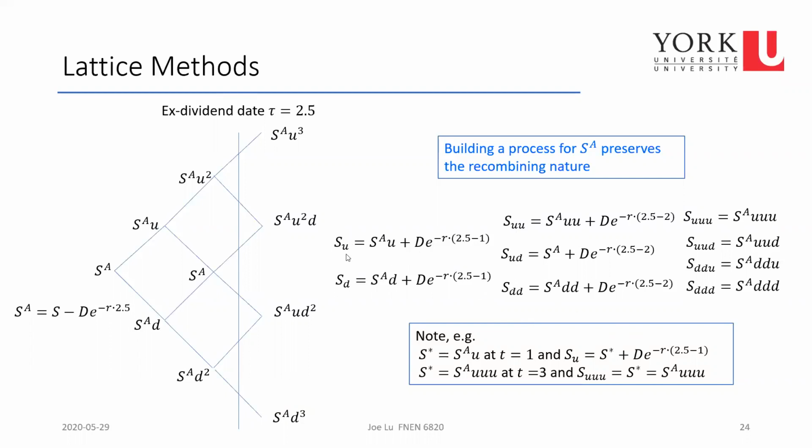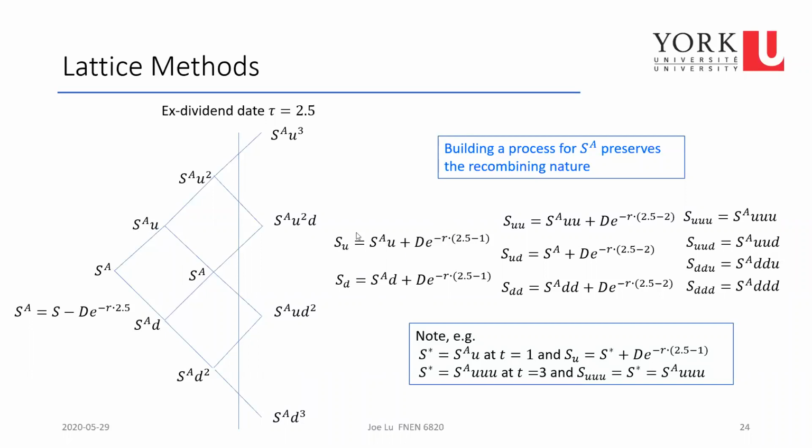The actual S price at this point is really S one step upward, which is SA times U, which is this value here, but you have to add the present value of the dividend, but the discounting is actually one year less because you're already 1 year past that. Okay, so here you discounted 2.5 years, here only discount 1.5 years.